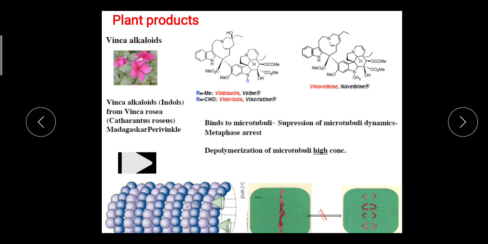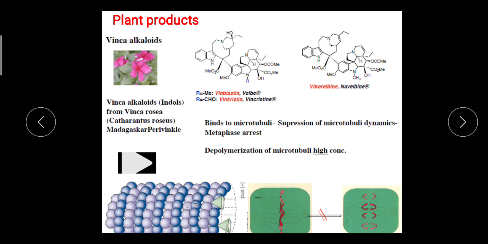So in our syllabus, the plant product drugs are Vinca alkaloids. These alkaloids are isolated from the periwinkle plant, whose biological name is Catharanthus roseus or Vinca roseus.